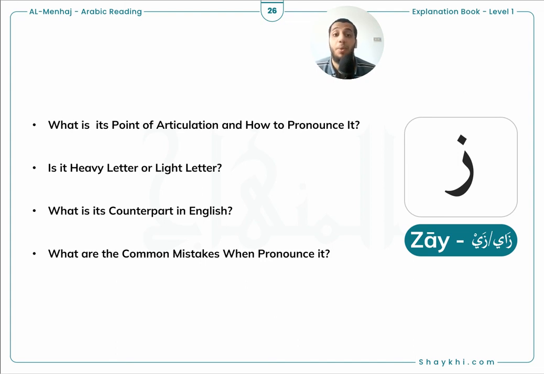There might be individual mistakes, like pronouncing Zay like the letter Dhal, the letter that we discussed in the episode before the last episode. But there are no common mistakes, because letter Zay is an easy letter and has a counterpart in English, so it's easier for students to pronounce.